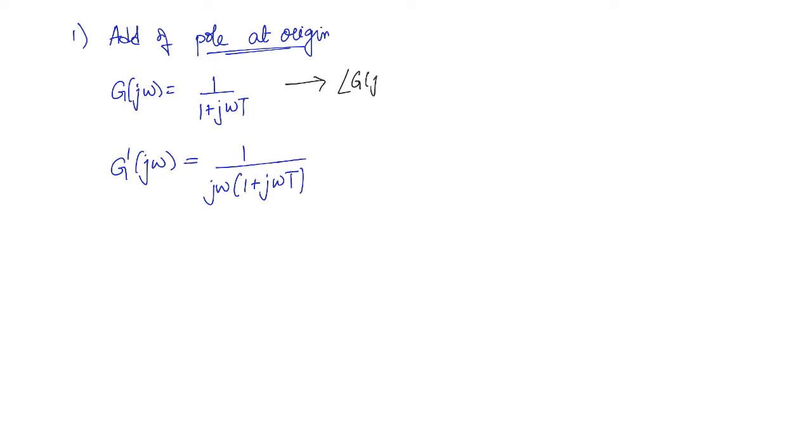Angle G of j omega is equal to minus tan inverse omega T. And what will be the phase here? Angle G dash of j omega is equal to minus 90 degrees minus tan inverse omega T.